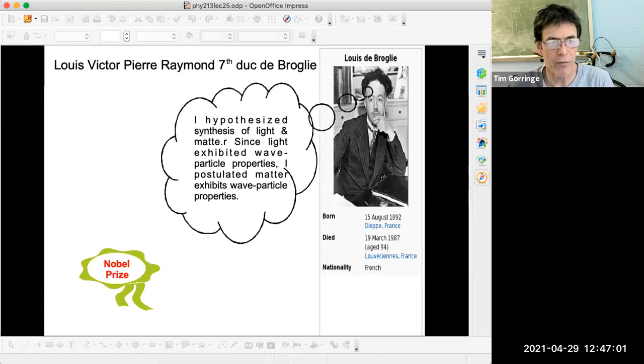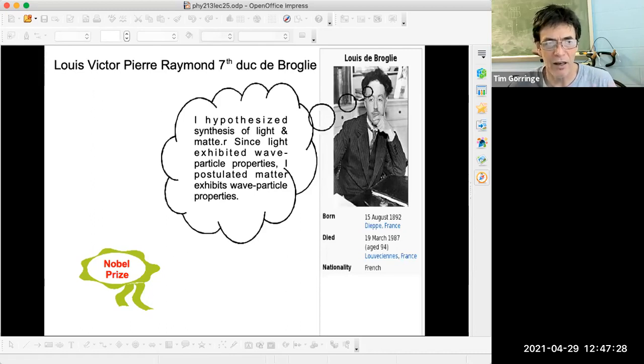They both have wave and particle-like properties. And it was a revelation. The fact that he got a Nobel Prize for that indicates that it was a completely revolutionary idea. It was a breakthrough idea that really was part of the birth of quantum modern physics that we know today.